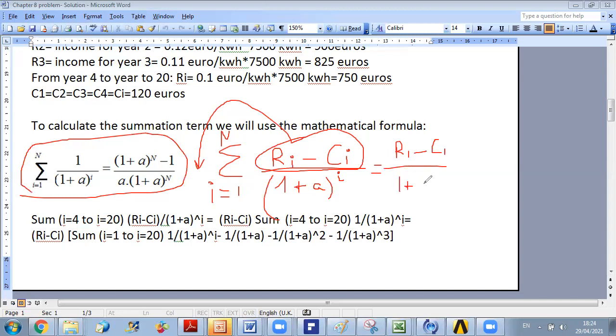For year 2, I will have a different R2, so plus R2 minus C, which is constant, so I just put it as C with no number because it's not changing. So it's R2 minus C over (1 plus a) squared. For year 3, I have plus R3 minus the cost over (1 plus a) to the power 3.